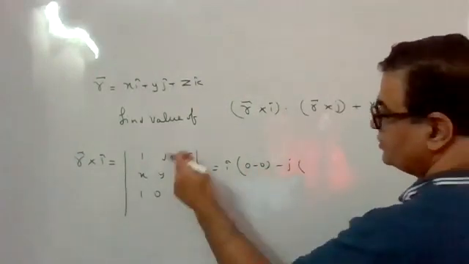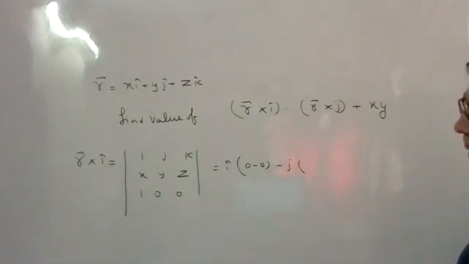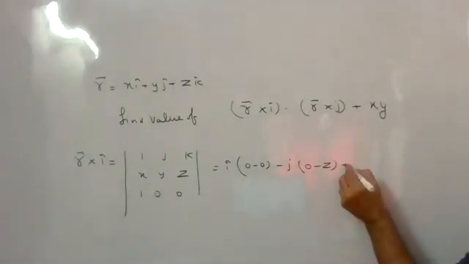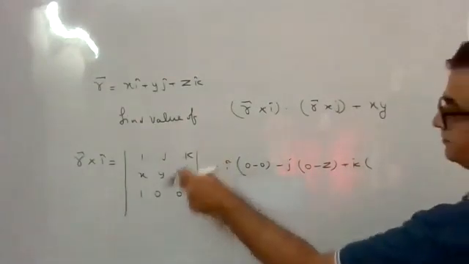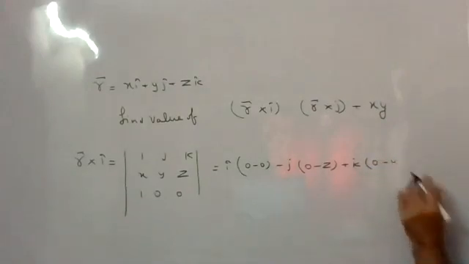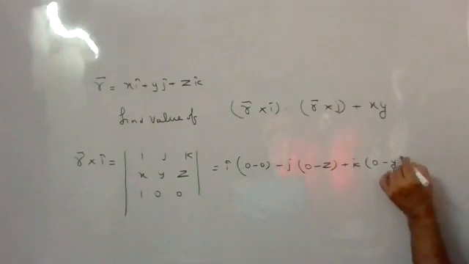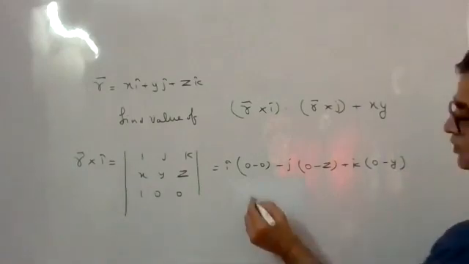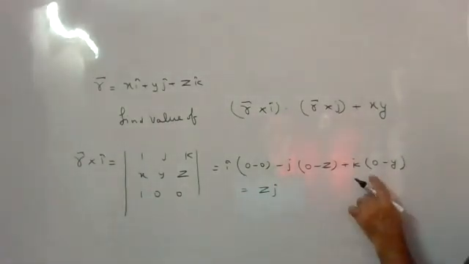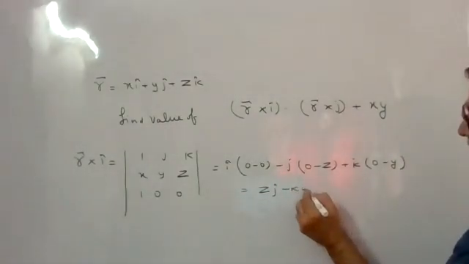Then comes minus J, 0 minus Z. And then comes K, 0 minus Y. So what this will come? Z of J minus of KY.